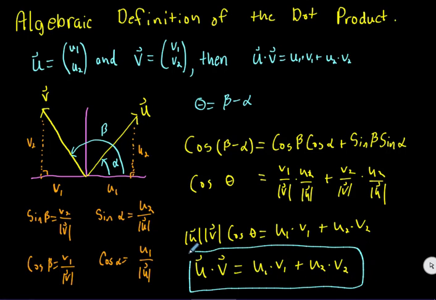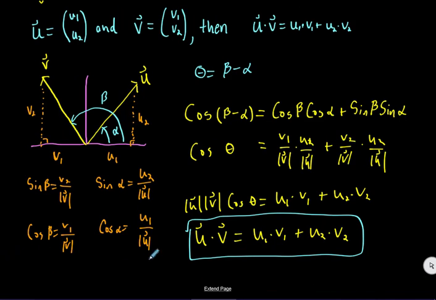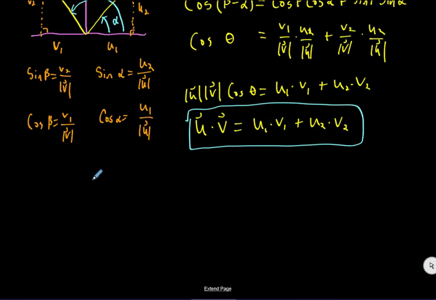So there are two formulas for the dot product. And real quick, in 3 dimensions, it turns out to be the same thing.